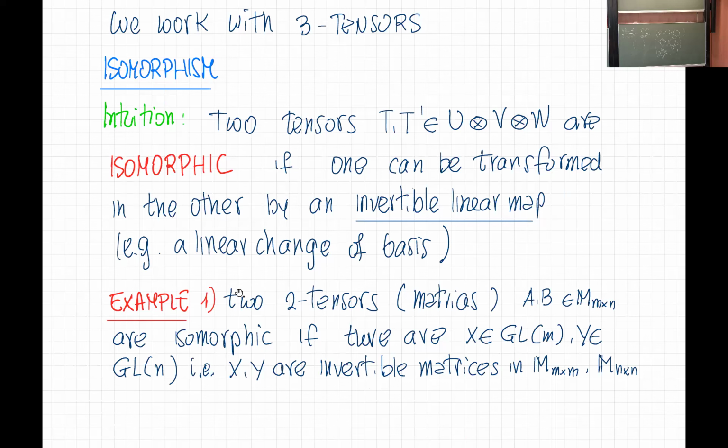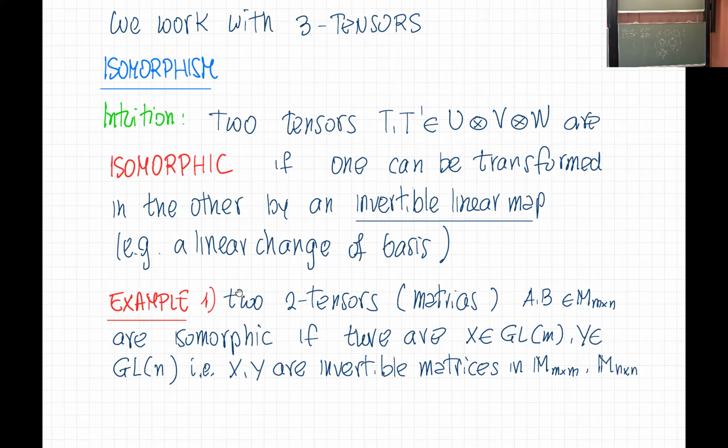So we were thinking about what to do with these tensors, and we went to look at the isomorphism problem for tensors. When we say that two tensors are isomorphic, let's say that we have two tensors T and T prime over a vector space formed by the product of three vector spaces.